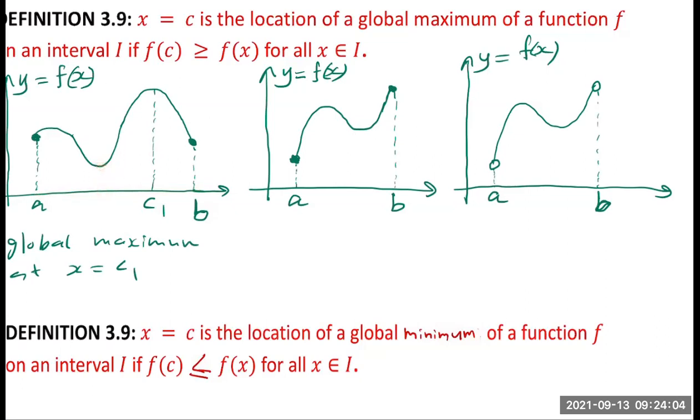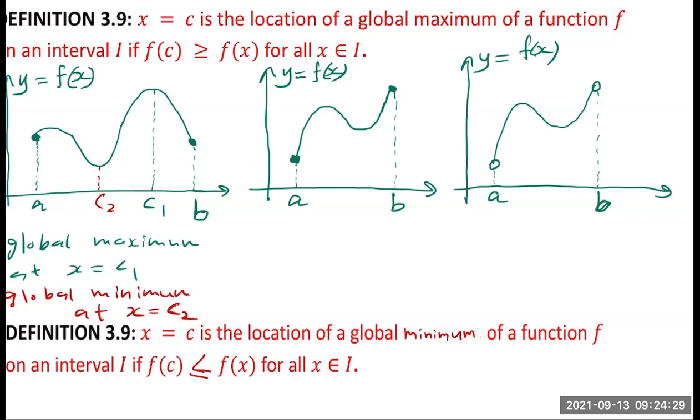Let's call that x value C2. We have a global minimum at x is equal to C2. Okay, that's the idea of global maximum and global minimum.